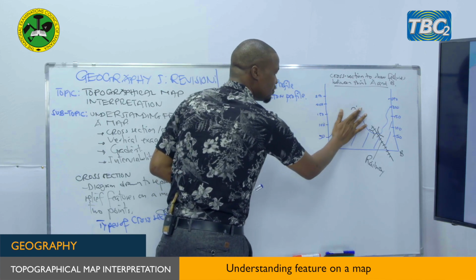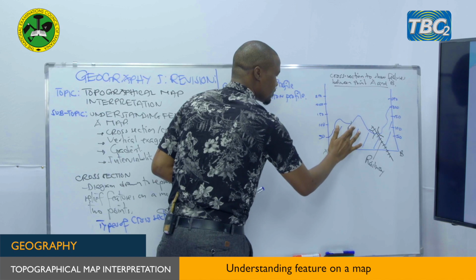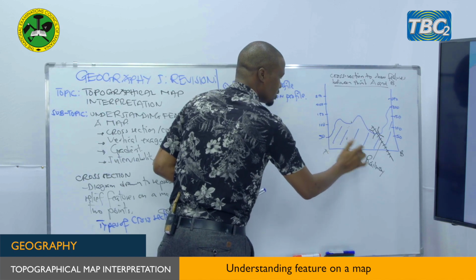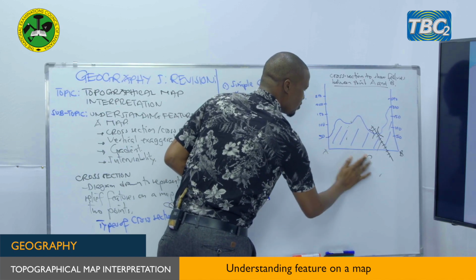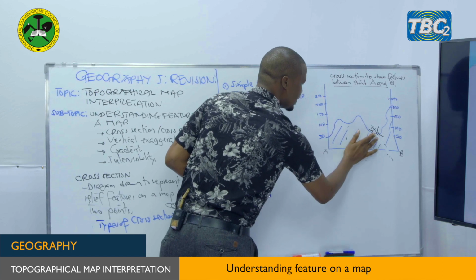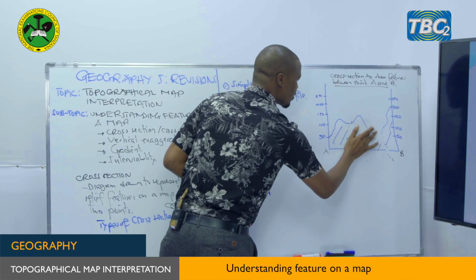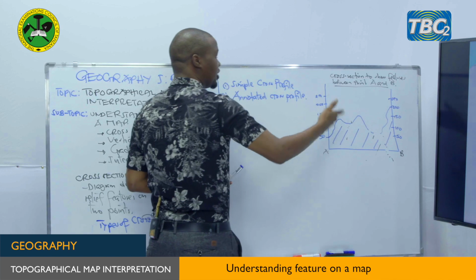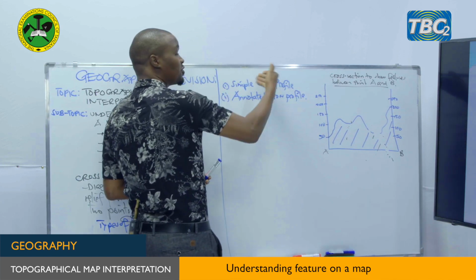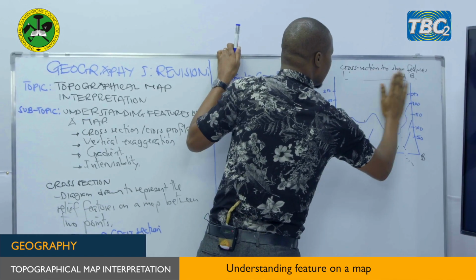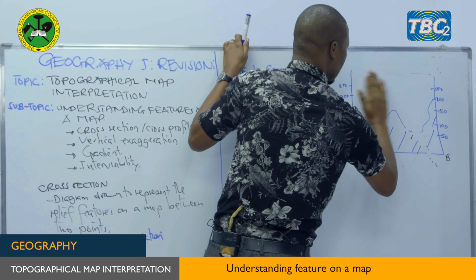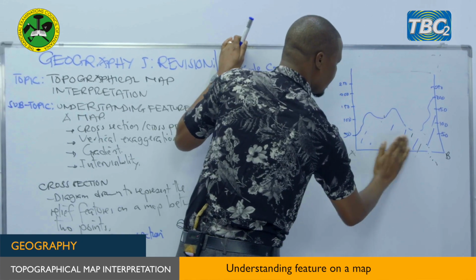So if we remove the features, then it means our cross profile right now changed from the annotated into the simple one. See, no title, no shading.